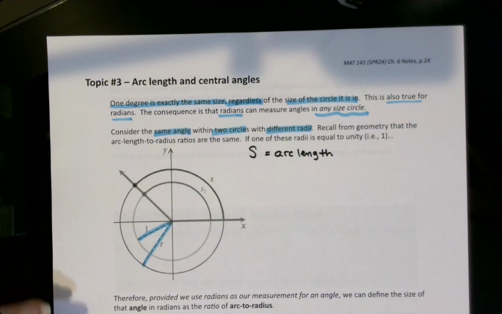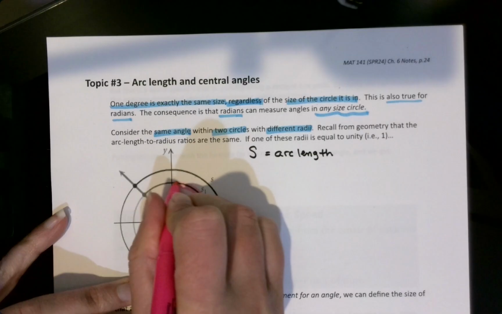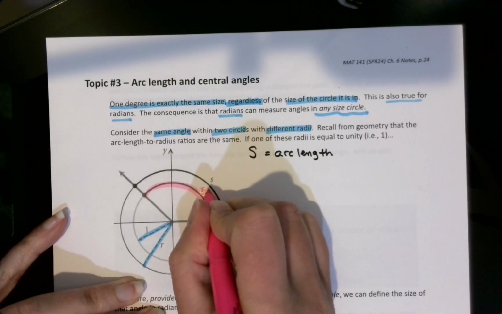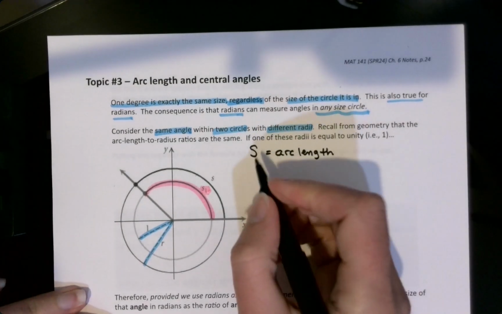And in the first diagram, because the radius is 1, this arc length S1 is going to be equal to the radian measure.